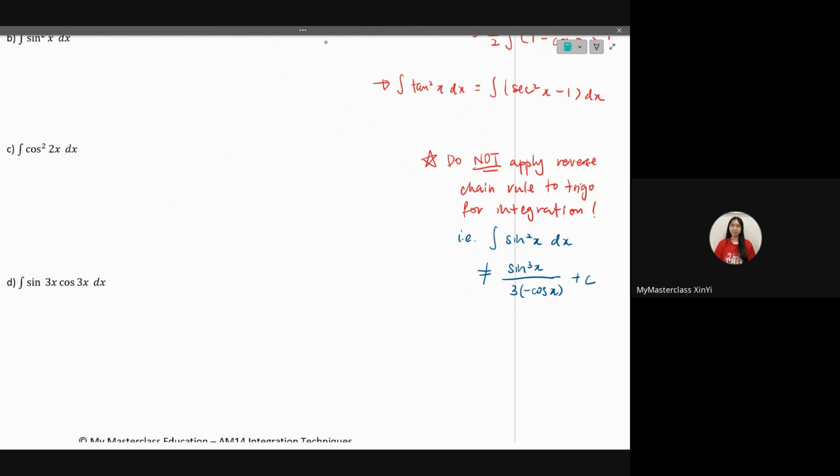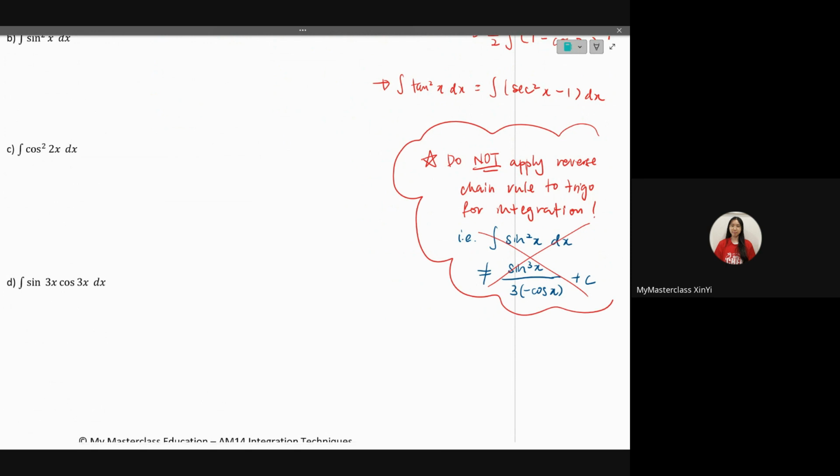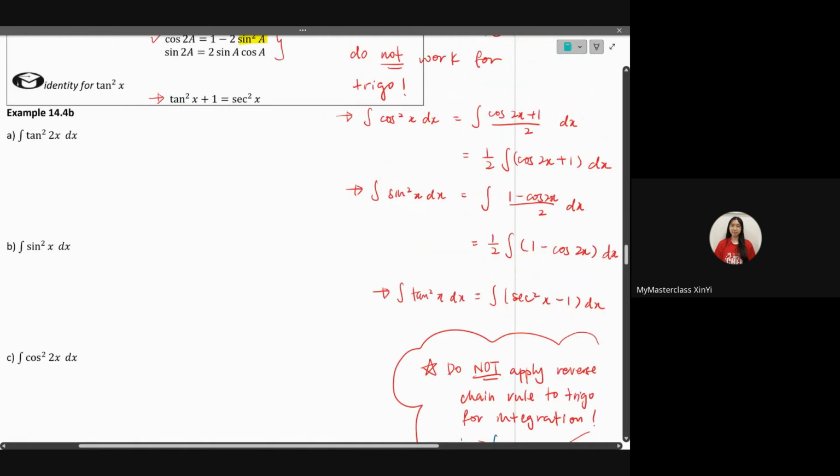This part over here that I'm writing down is not true, this one is not correct. Whenever you see a power like this, don't use reverse chain rule for trigo. Always change it based on the identity that I've talked about.